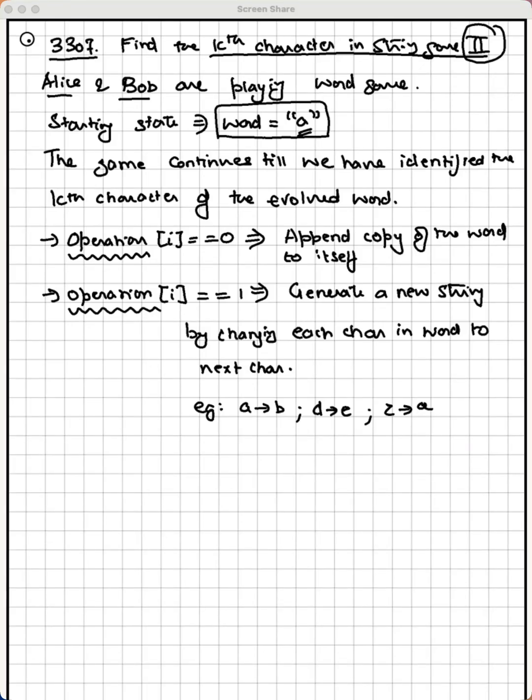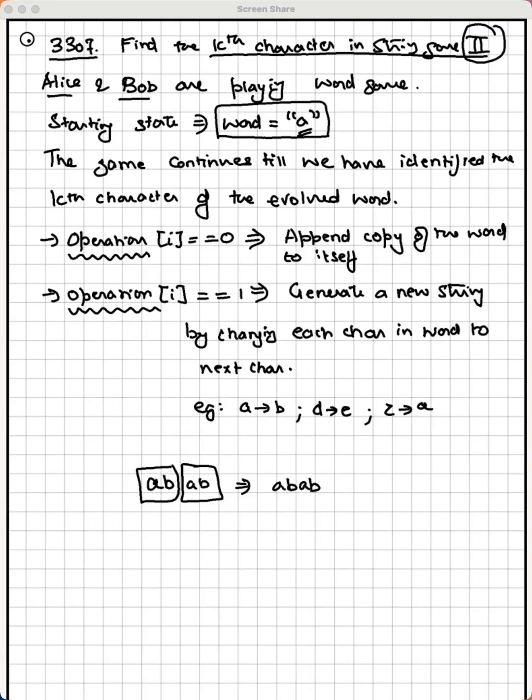And what it means is that if I see 0 at a particular iteration, let's say I have a word AB, I have to take the same word AB and concatenate to this to get the final output AB, AB.